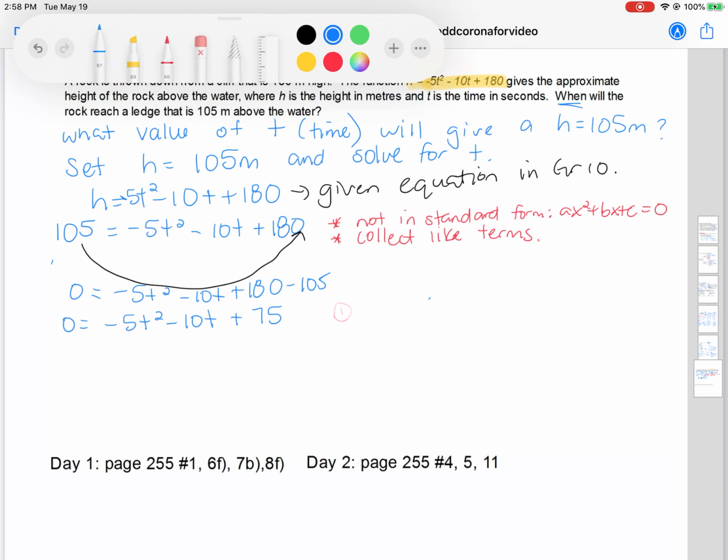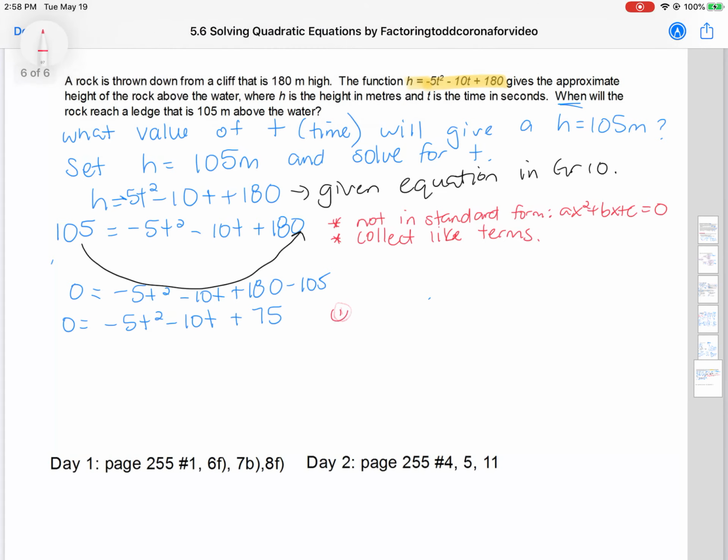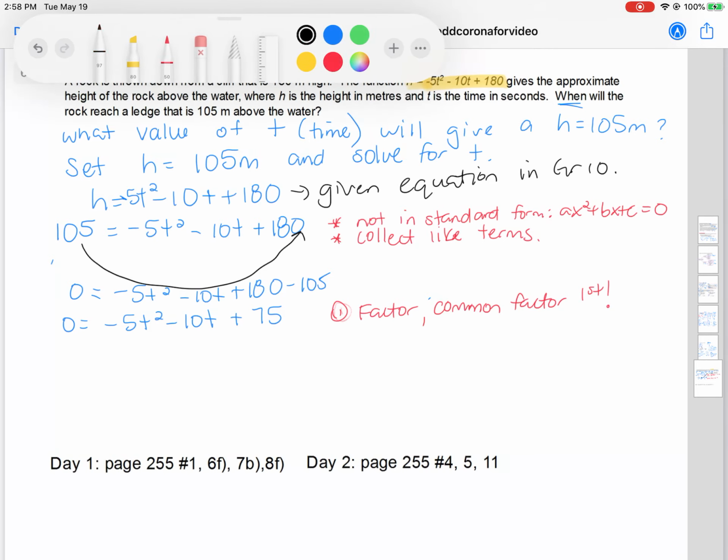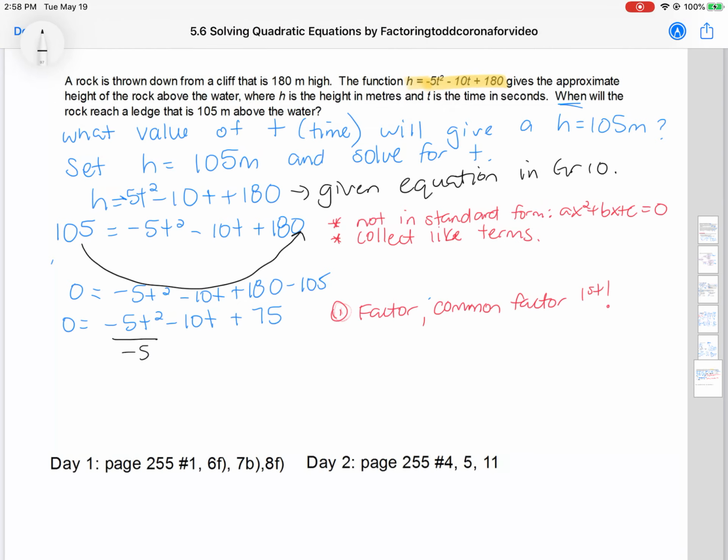So we are going to solve, but we have to factor first, and especially common factor. So we can divide all these by 5.